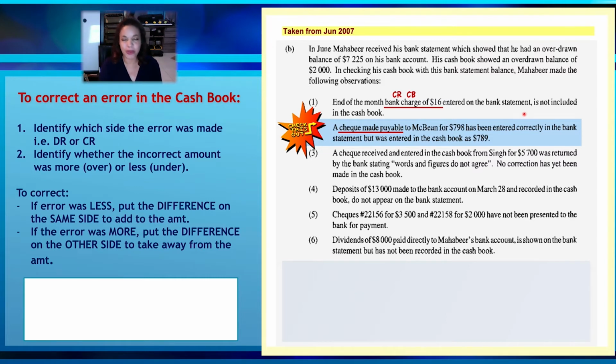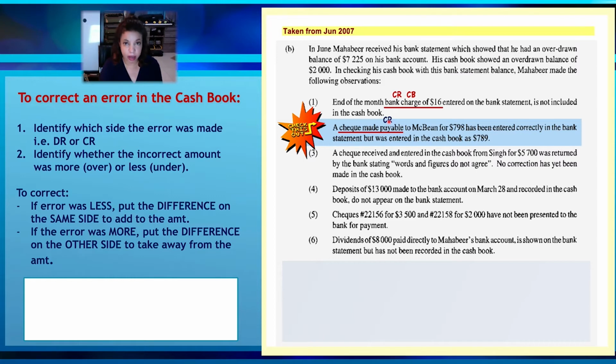And you all will know by now that payments are entered on the credit side of the cash book. Yes. So which means that the error would have been made on the credit side.